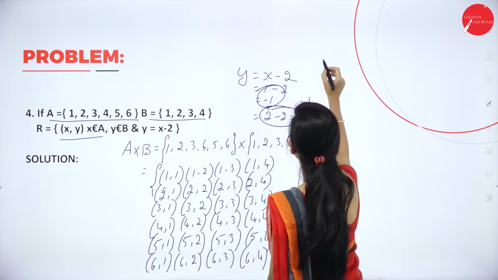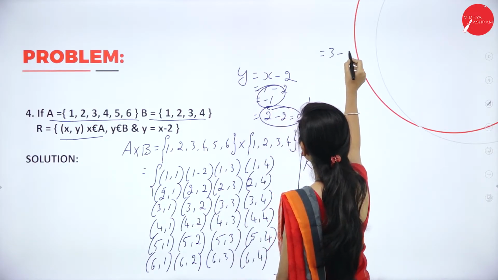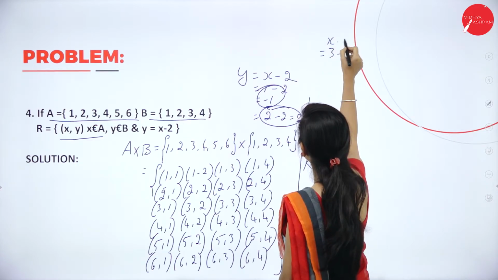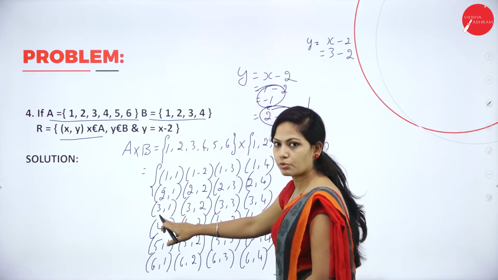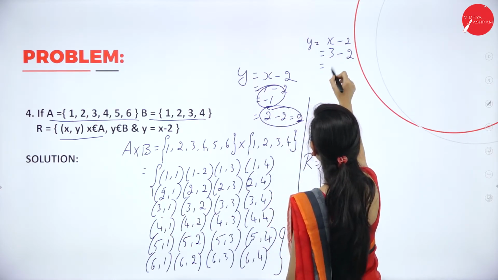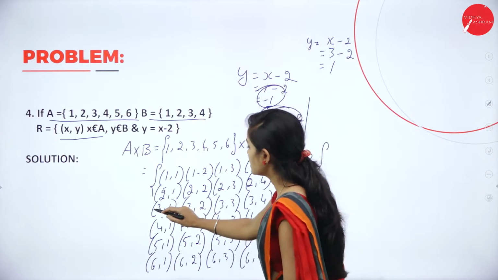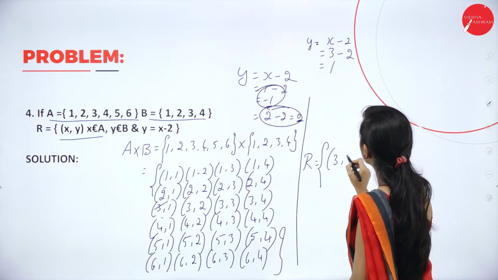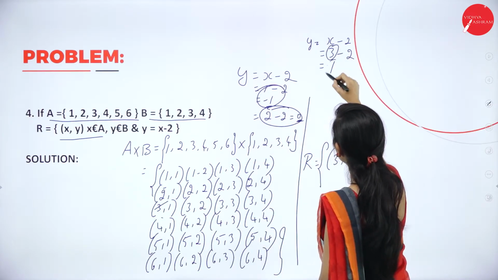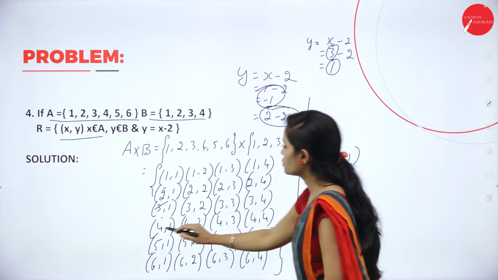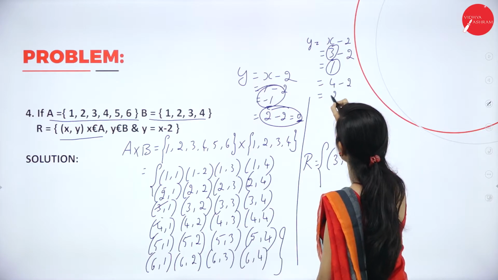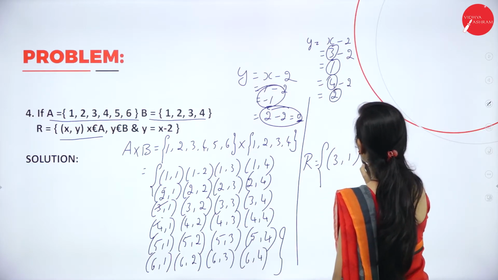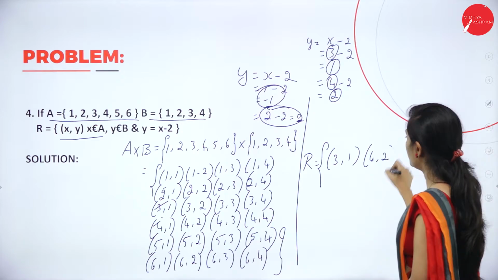So I will use x is equal to 3. y is equal to x minus 2. I put x is equal to 3. So 3 minus 2 is equal to 1. So I will consider this relation (3,1). And also I will use this 4 minus 2, so we will get 2. So (4,2).